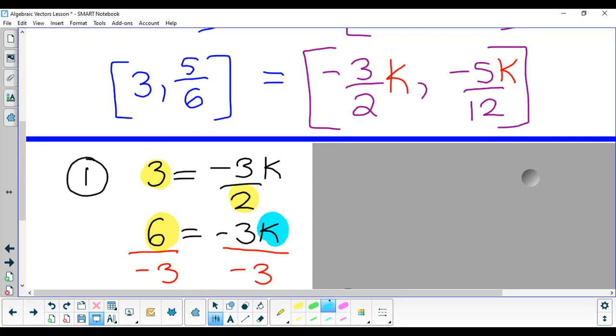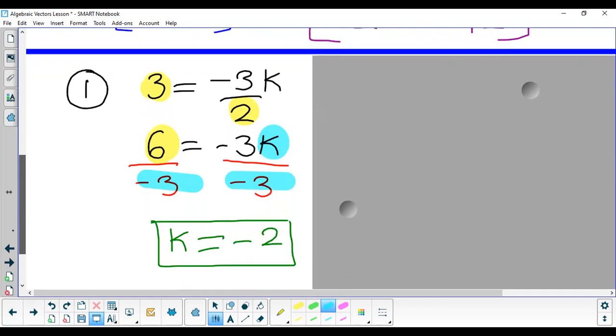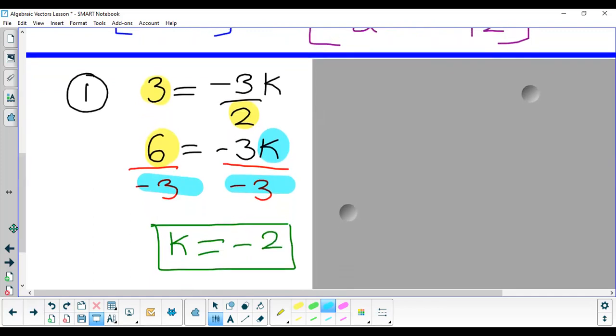If I'm trying to isolate k by itself, I have to divide both sides by -3, and that gives me my scale factor k is equal to -2. Okay, I haven't proven anything yet. I've just shown that in order for the vectors to be collinear, in terms of the x components, the scale factor has to be -2. We're going to see if the same is true for the y components.